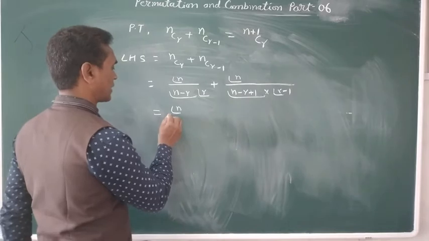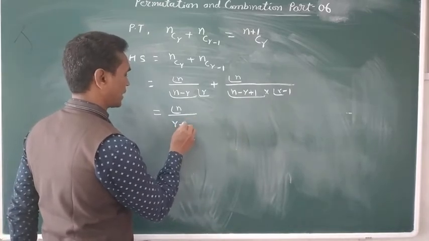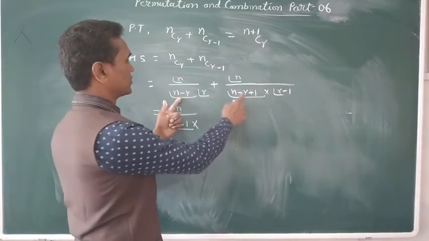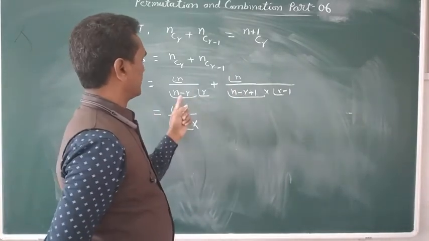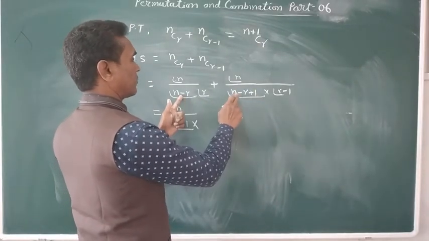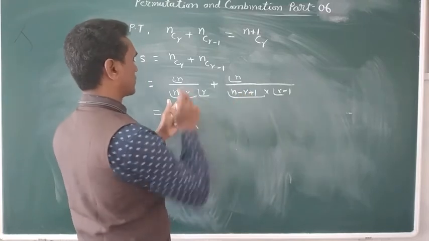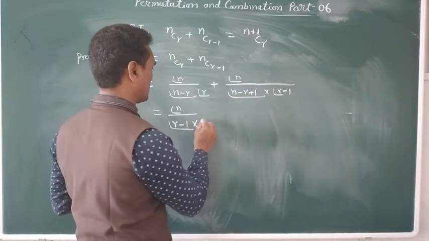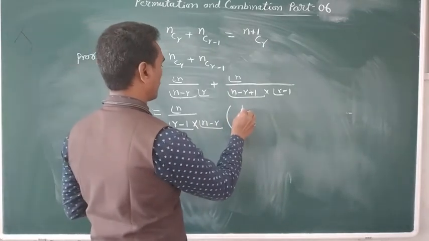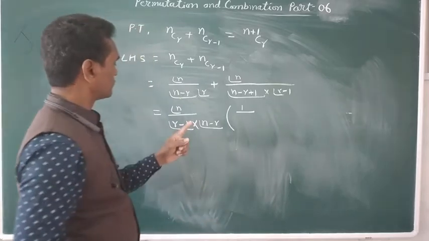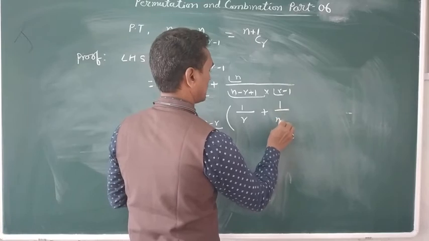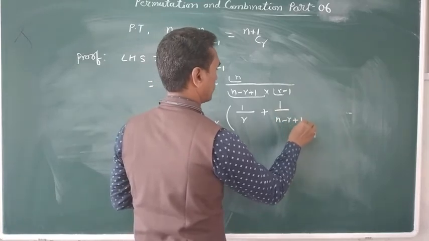So factorial (r minus 1) will be common, and from these two, this is one more than this, so we can reduce (n minus r plus 1) factorial into (n minus r plus 1) into factorial (n minus r). So factorial (n minus r) is common.